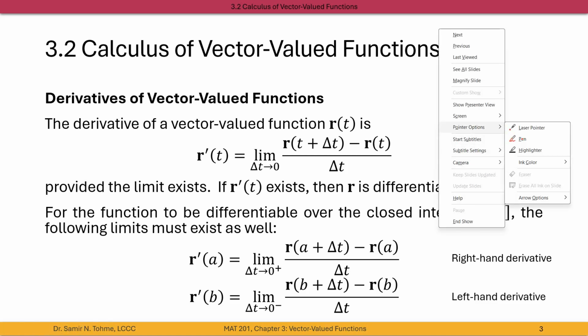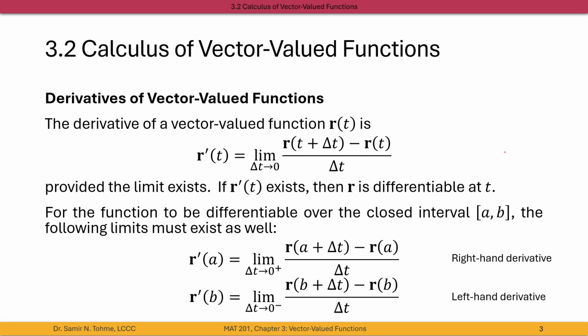For a function that is differentiable over an open interval a and b, this is an open interval. As you can see, we're using parentheses, which means that a and b are excluded.